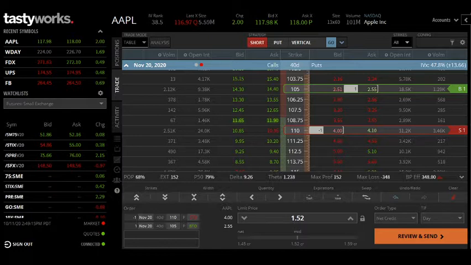Notice how this says at 107.5 we have 9,000 open interest. The 105 put, we have 18,000 open interest. The 110 put, we have 31,000 open interest. This will keep the bid-ask spread low and keep our fills damn near instant.